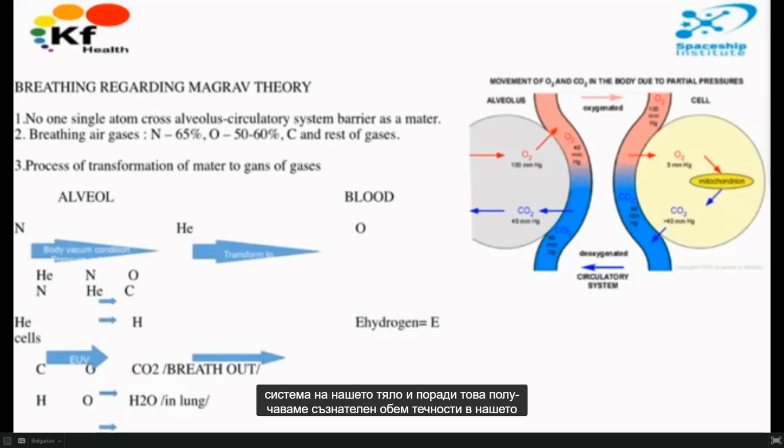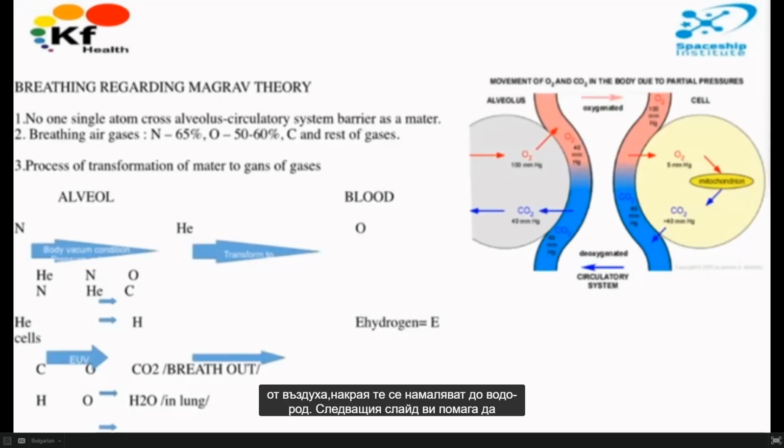Because of that, we get a constant volume of liquids in our body, even if we are sick with some lung disease. And from his explanation it is visible and understandable that all elements we take from air finally decrease to hydrogen.